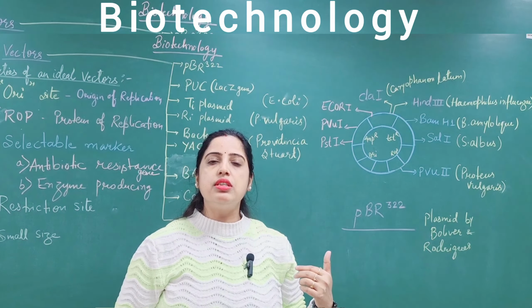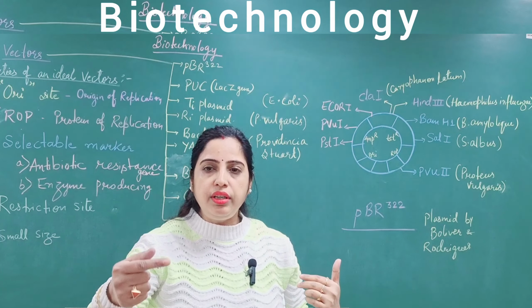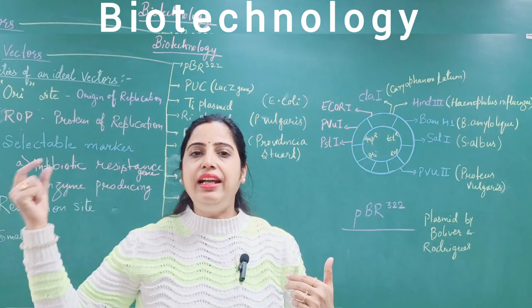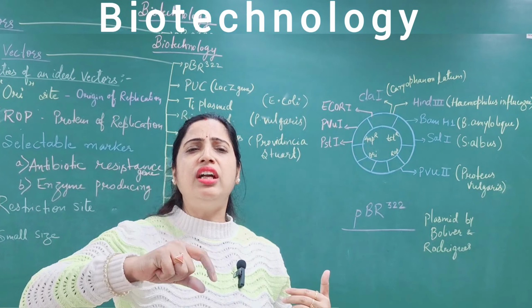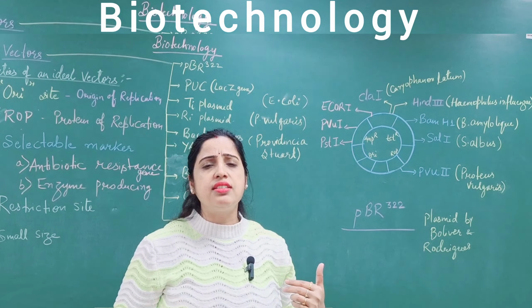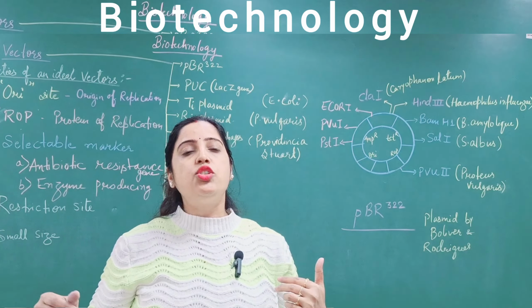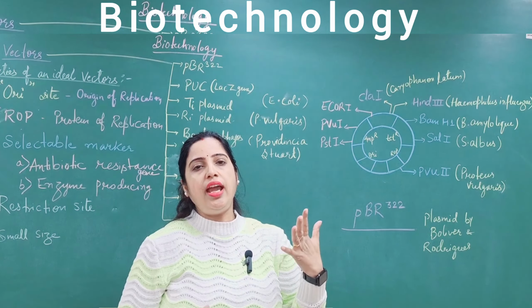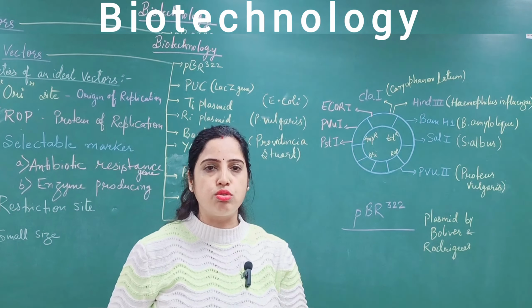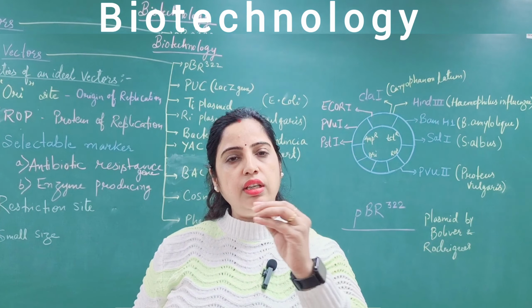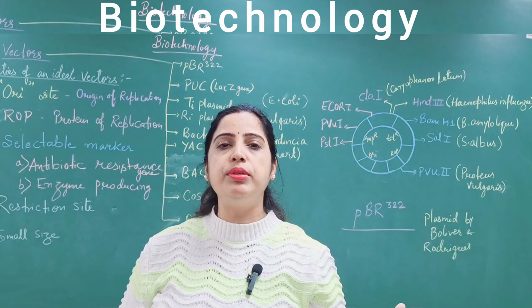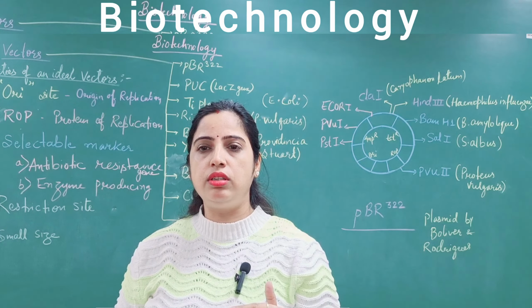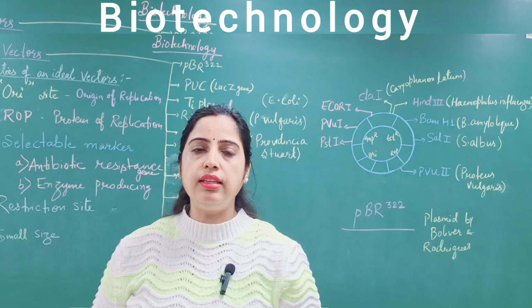Now we can use this plasmid by protecting the plant from getting tumors and adding your desired gene so that a plant can become insect resistant, which is the topic of the chapter, where you will see how we have made GMCs or GMOs. GMC, genetically modified crops; the examples would be Bt cotton, Bt brinjal, that I will be discussing in the coming lectures.